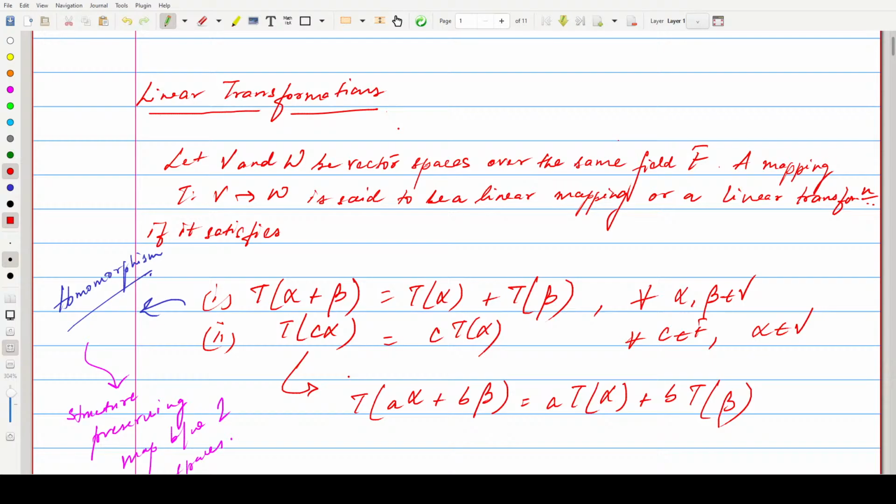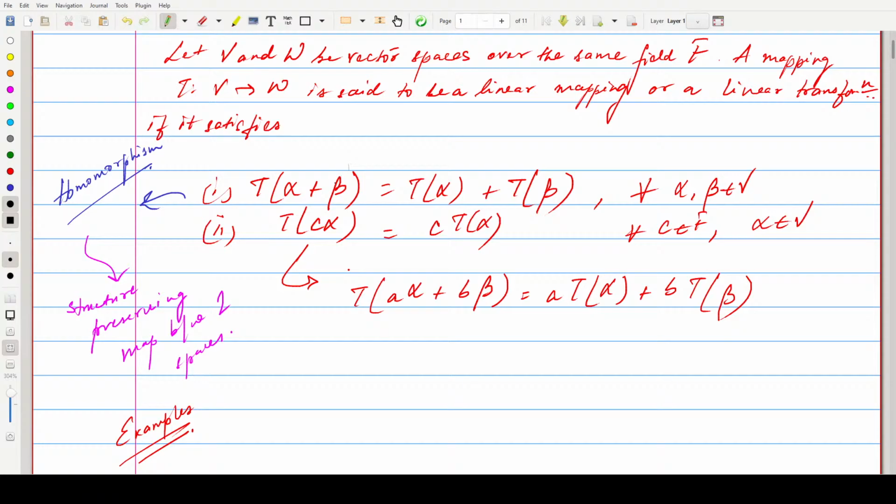I won't go into that, and we know what a vector space is. A mapping T from V to W is said to be a linear mapping or a linear transformation if it satisfies two properties, and these are T of alpha plus beta, which means plugging in two values from the vector spaces.